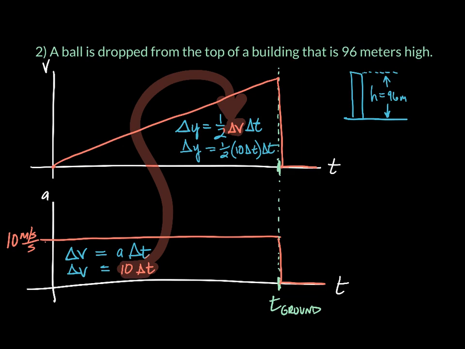But this is also delta y, the 96. That's the height of the building. So 96 equals, we could go ahead and make that a 5 delta t squared. Now, at this point, I'm going to say this.